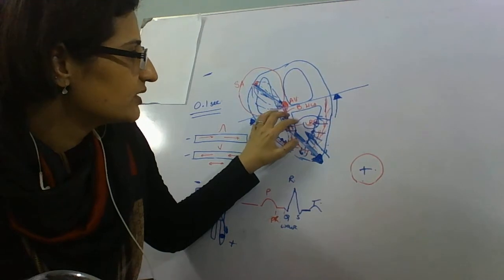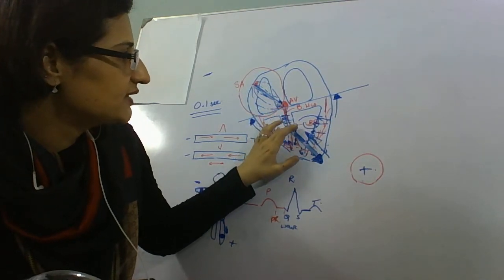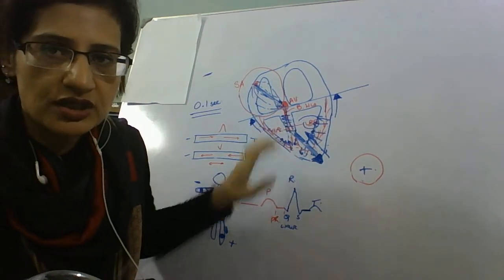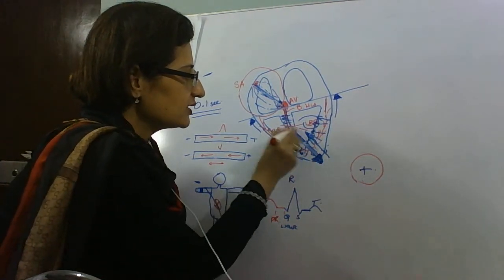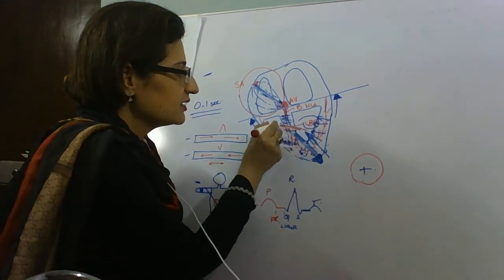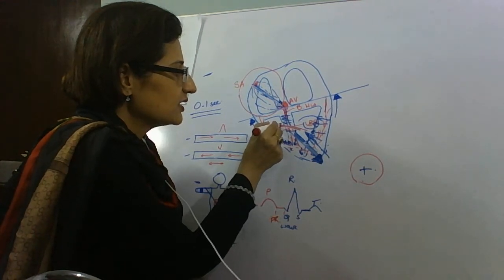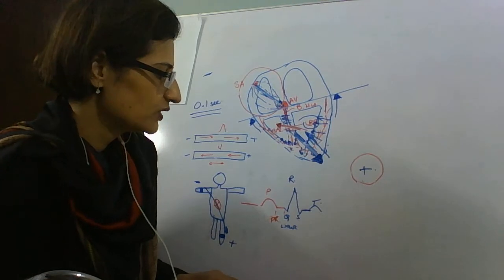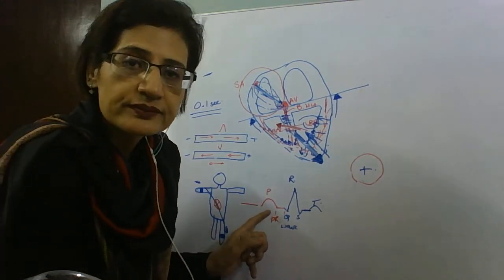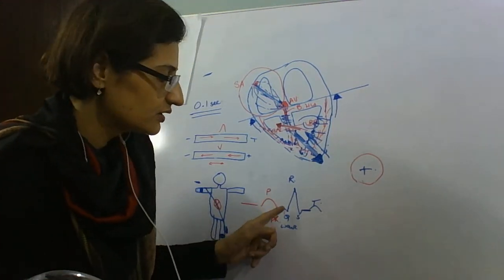Passing through the bundle of His into the right and the left bundle branch, and the net vector being a vector going in this direction away from the positive node. So that would be the negative deflection of the Q wave.